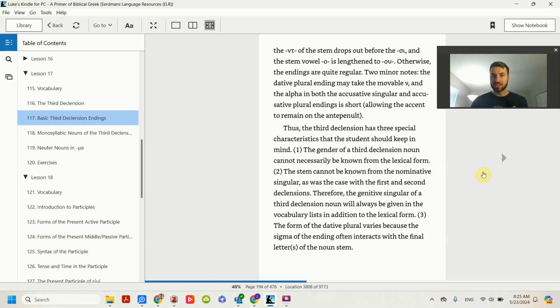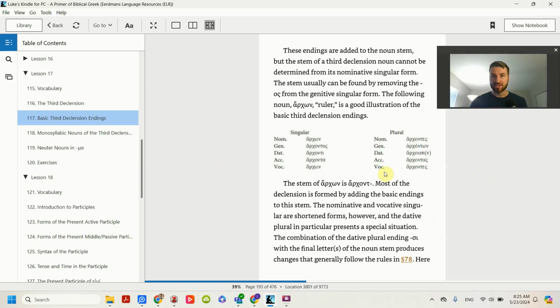Sometimes you will see that, with archon, the root is actually archont with the tau, but the tau has dropped out in the nominative, which makes the omicron lengthen to an omega in the nominative.